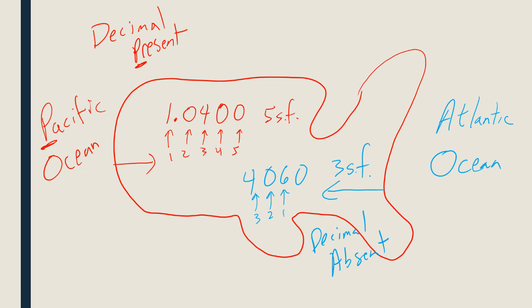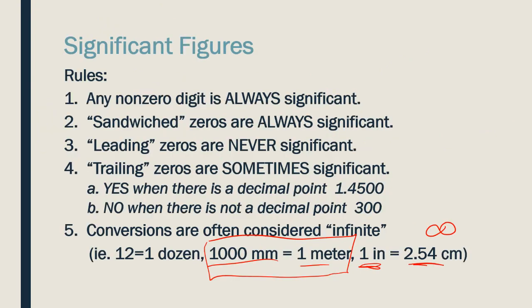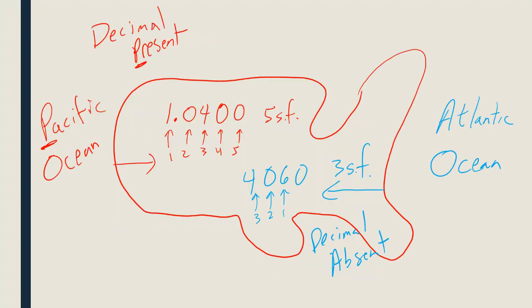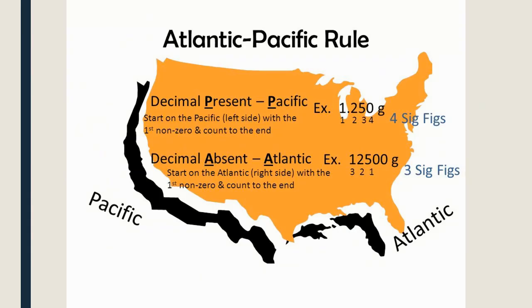All right. So that crazy visual helps with this, and you'll get through this if that makes sense. Or if you like rules, you can just memorize all the rules. But basically, and here it is written here. Okay, when a decimal is present, you start from the Pacific side of things, right? Present, Pacific, 1, 2, 3, 4.